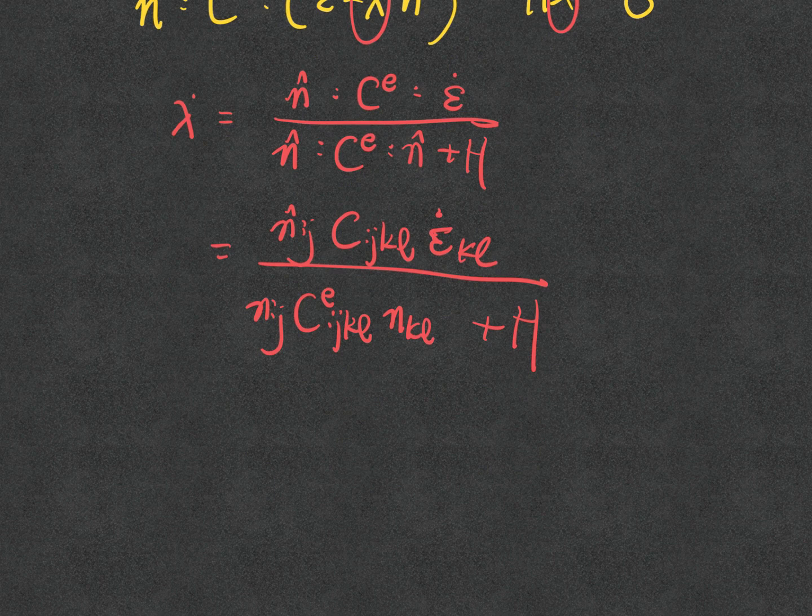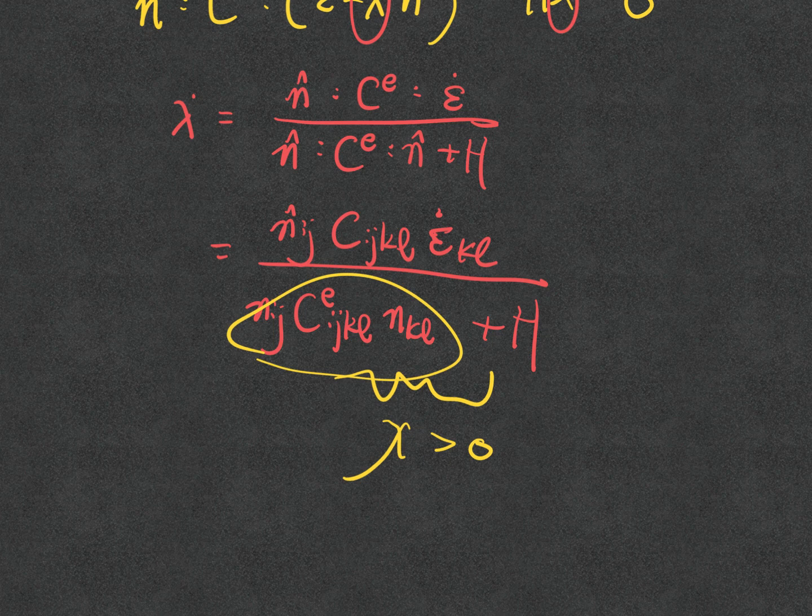And as usual, if we call this thing x, then we want x to be greater than 0. Okay, you see what I mean? So what is the physical implication of that? If this is greater than 0, that is, h could be negative, but it could not be more negative than the first term. Does that make sense? Okay. If it's more than this, then what will happen?